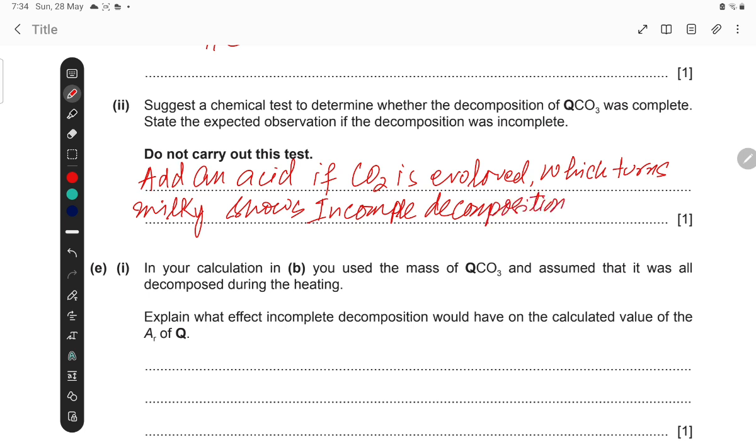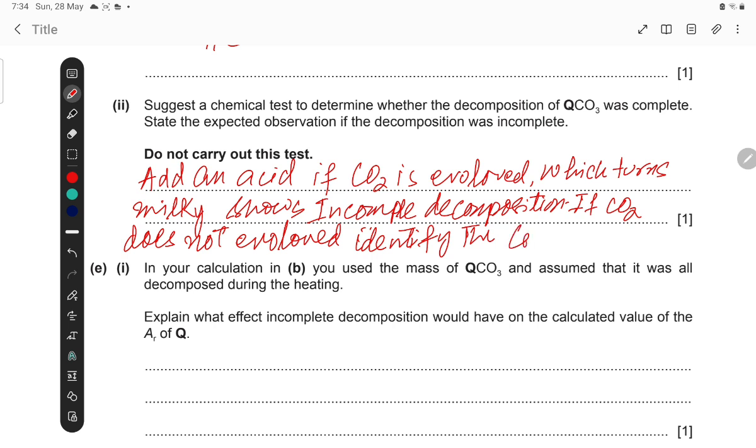If carbon dioxide does not evolve, it shows complete decomposition.